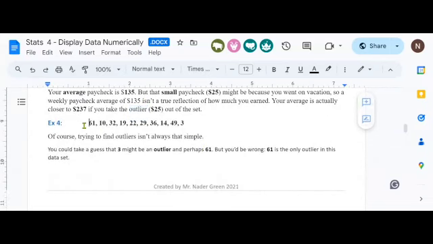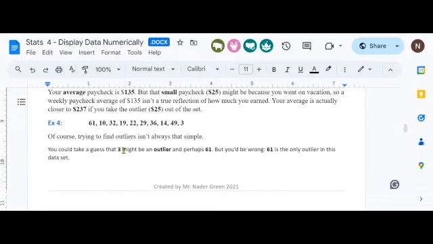Okay. Example number 4. We have 61, 10, 32, 19, 22, 29, 36, 14, 49, and 3. What is the outlier here? 3. I think there are more. What about 61? Yes. So, of course, trying to find outliers isn't always that simple. So what should you do?